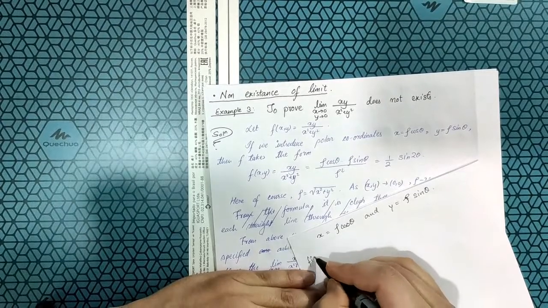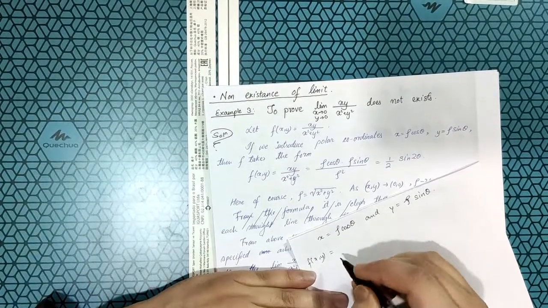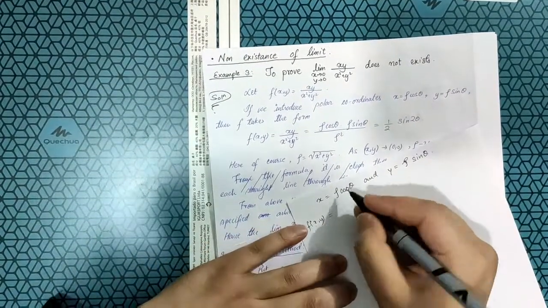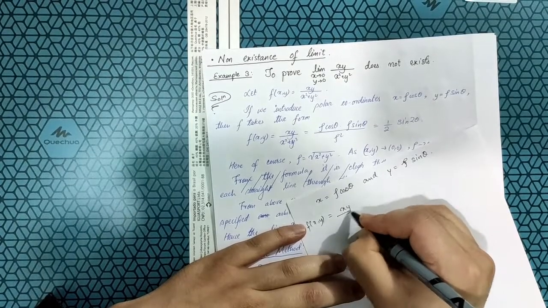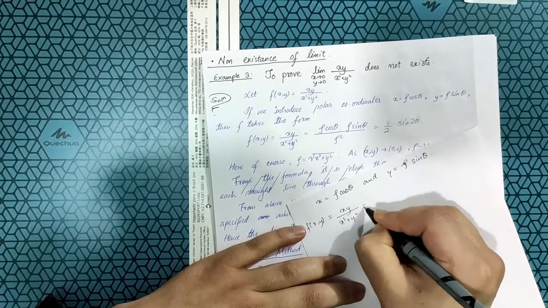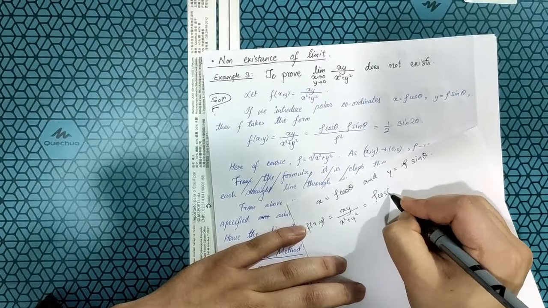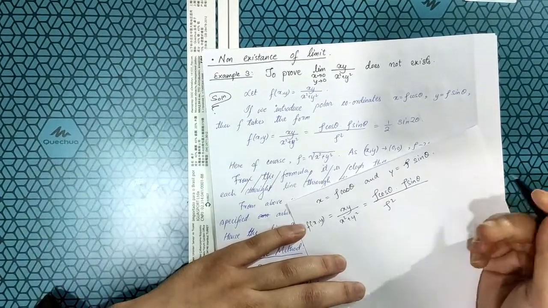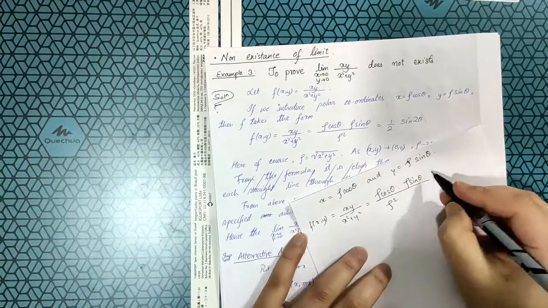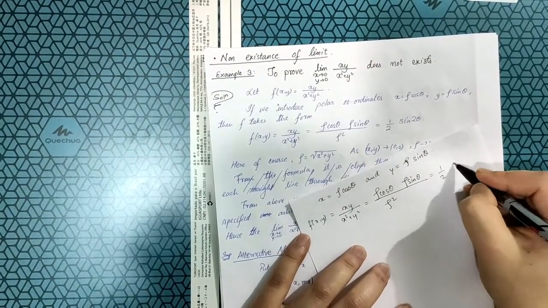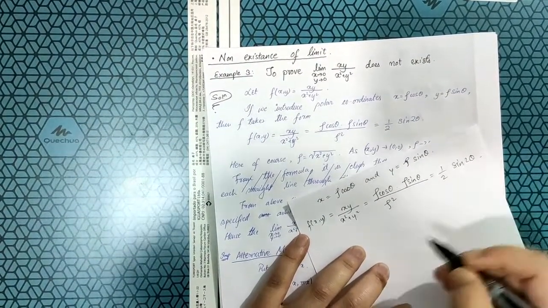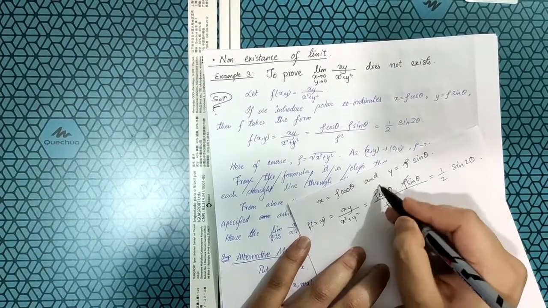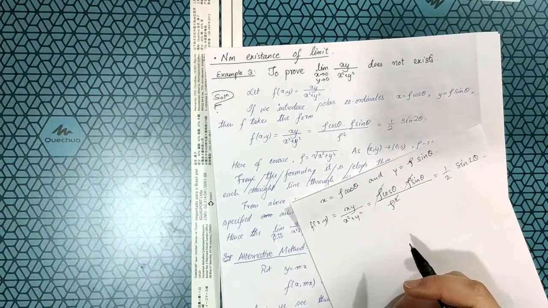So then f of xy will be xy divided by x square plus y square, which is rho cos theta dot rho sin theta divided by rho square, as sin square theta plus cos square theta is 1. So this is half sin 2 theta. This and this will cancel. So we get this.